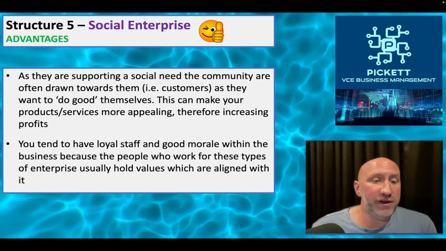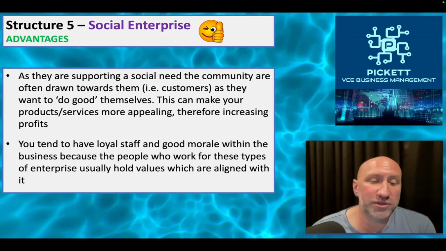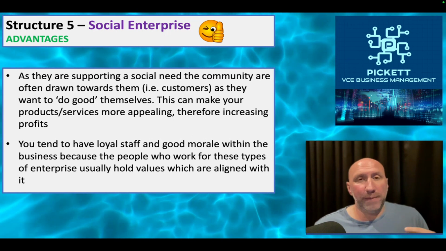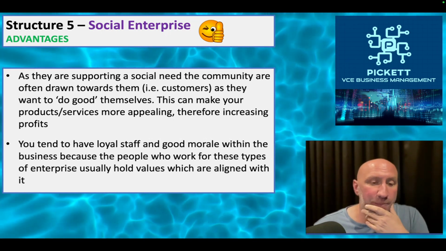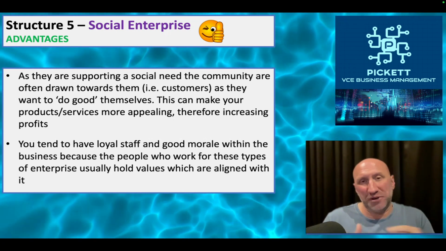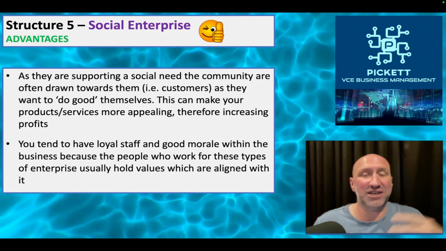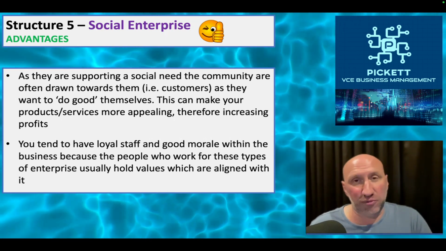Structure 5, social enterprise advantages. Okay. So as they are supporting a social need, the community, i.e. customers, are often drawn towards them, because they want to do good themselves. So in other words, just by dint of being a social enterprise, it can make your products and services more appealing and therefore increase your profits.